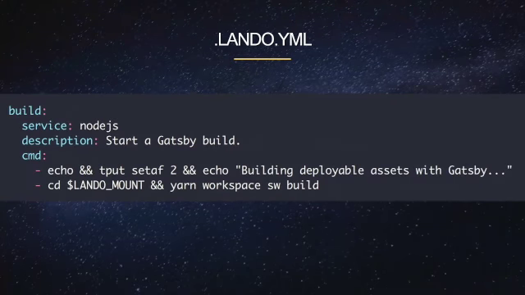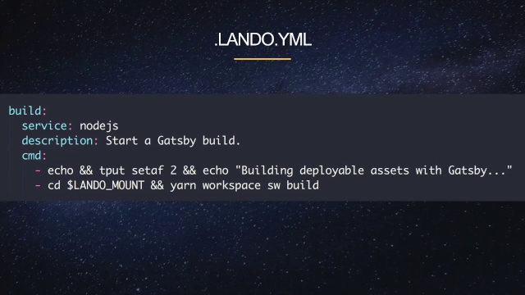All right, so now we go to our build steps. No, I'm sorry, this is our build tooling still. We're still in the tooling section. So build is another custom command we're creating. So Lando build will execute a command in the Node.js container. It will start a Gatsby build. So Gatsby has a process that converts all of your code and pulls in all of your data from Drupal and builds out flat HTML files.